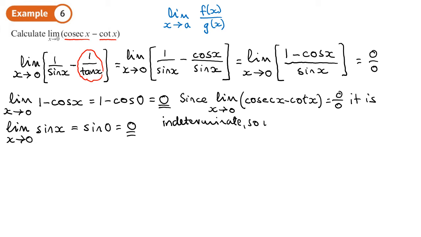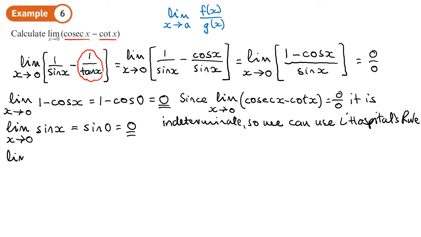So we can use L'Hopital's rule, which is what we'll do now. Always do that check. That means we're taking this and differentiating the top and differentiating the bottom of it.